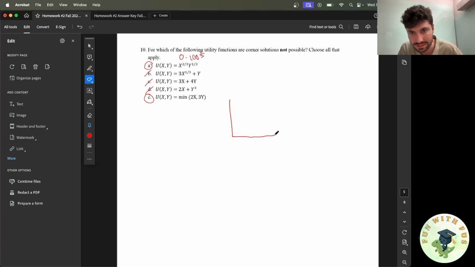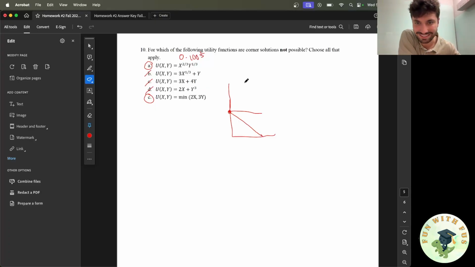If that is my budget line, to make a corner solution I'd have to go like that, which doesn't make sense, because this would be asking me to pair my amount of good X with a good Y, but one of them is 0.